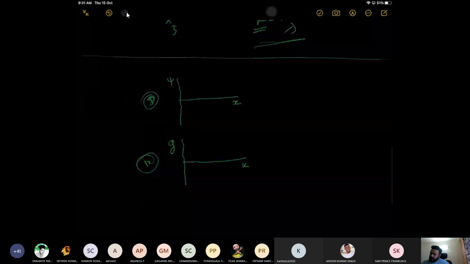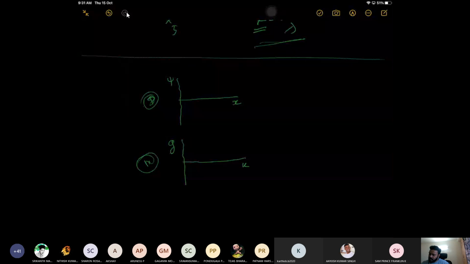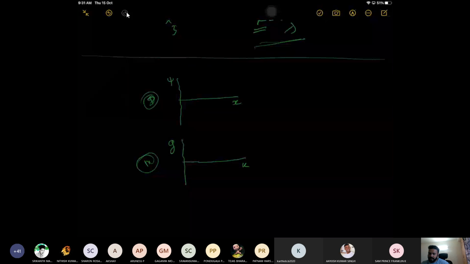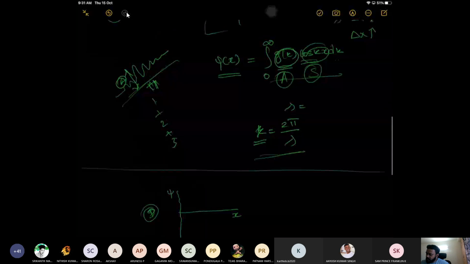As I told you, let's see for a different scenario how our momentum space will be. This form of integral is known as a Fourier integral, and this is another mathematical concept.